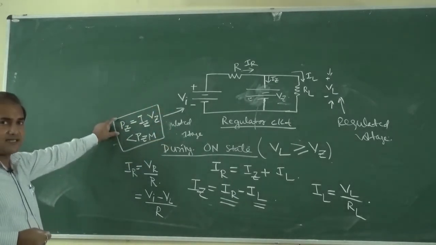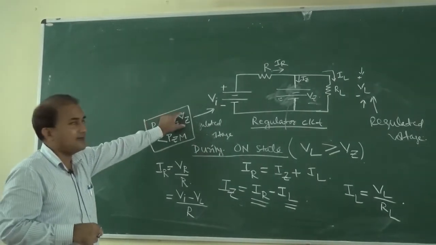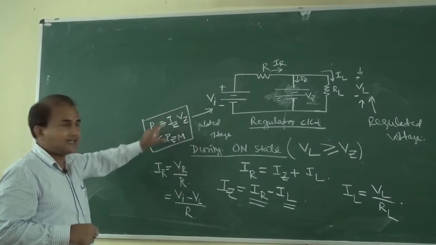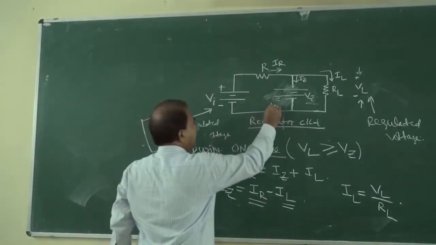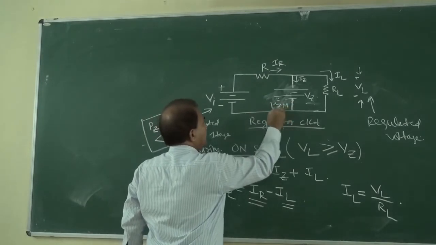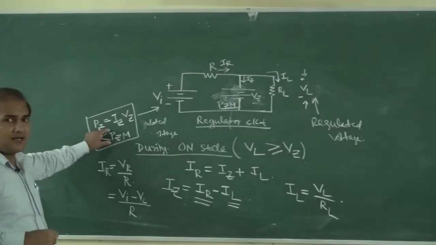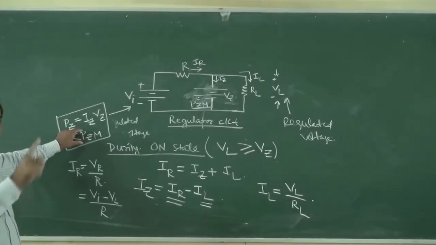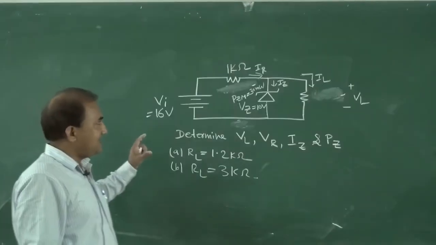Pz, that is power dissipation across the diode, is equal to Iz into Vz, and it should be less than Pzm. This is the rating of this diode. That is, the power dissipation across this diode should be less than the maximum power rating of the Zener diode. Okay. Now we will see this example.